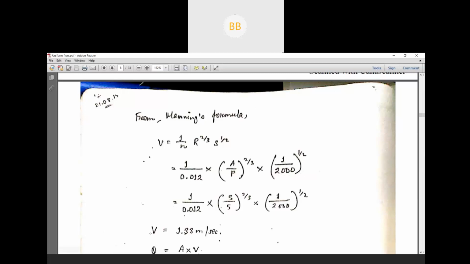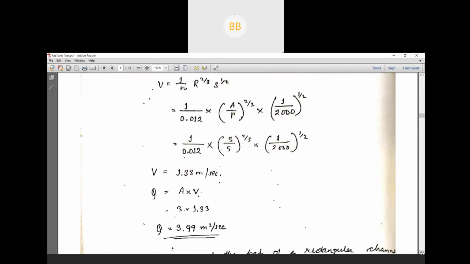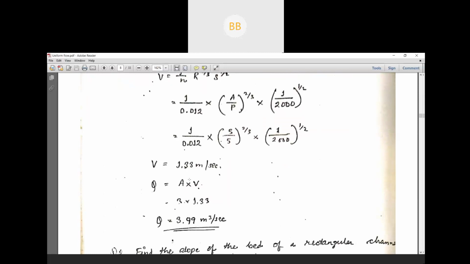If you substitute, use your calculator and you will get the velocity as approximately 1.33 meter per second. Then substitute the velocity here, with the area we already calculated, 3 meter square, and you find the discharge. Your discharge is almost 4 meter cube per second, 3.99 meter cube per second. You can write approximately 4 meter cube per second.